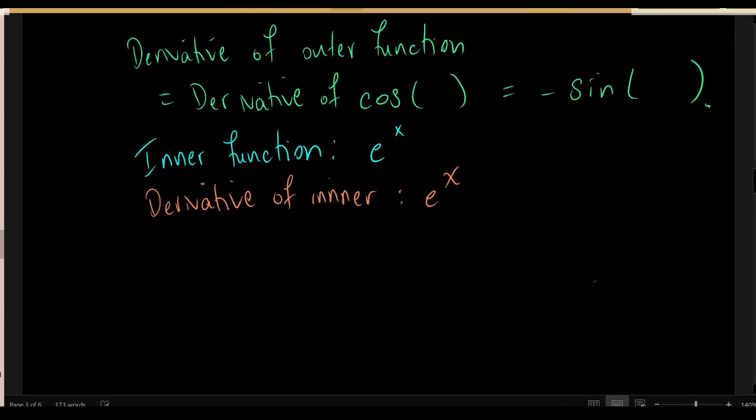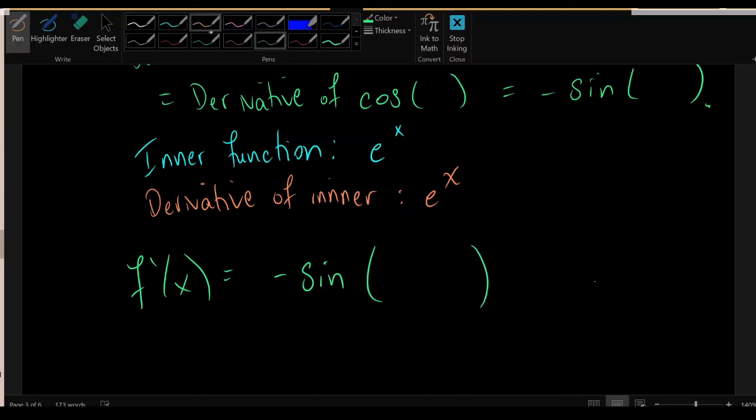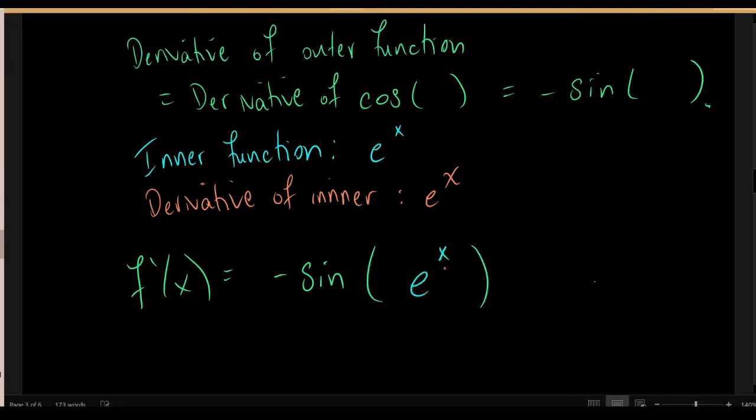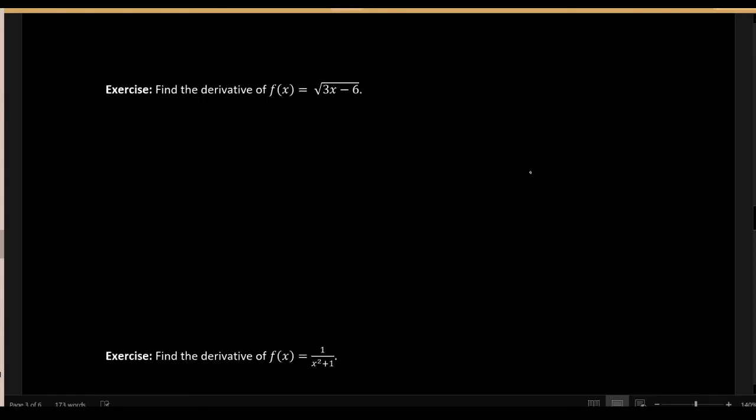So to find the derivative of the composition, I'm going to take the derivative of the outer function, negative sine, and in the blank, I'm going to put the inner function. And I'm going to multiply that by the derivative of the inner function. Product. Let's try it again with the derivative of f of x equals the square root of 3x minus 6.